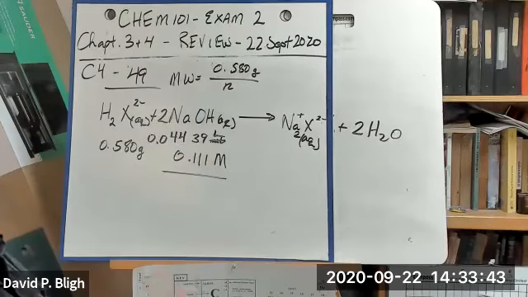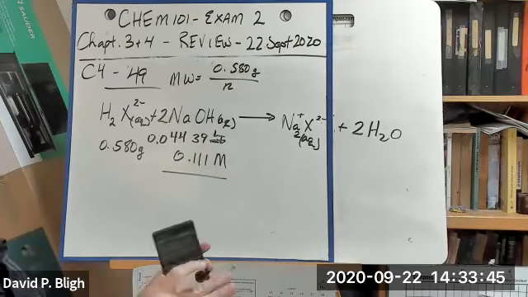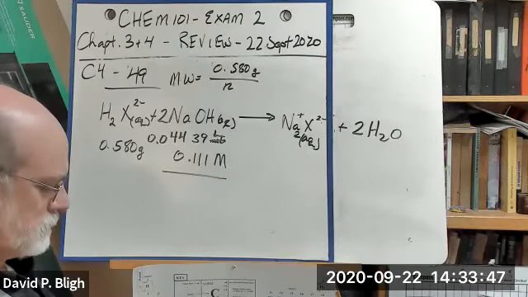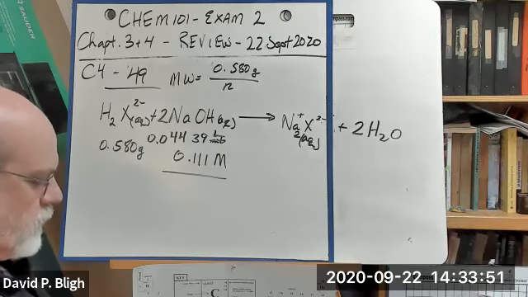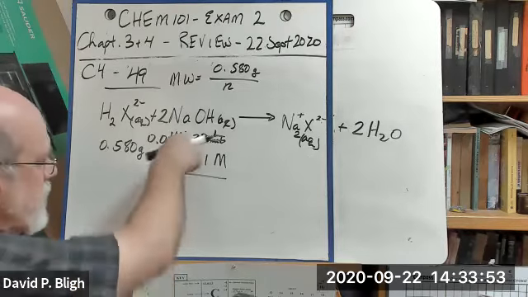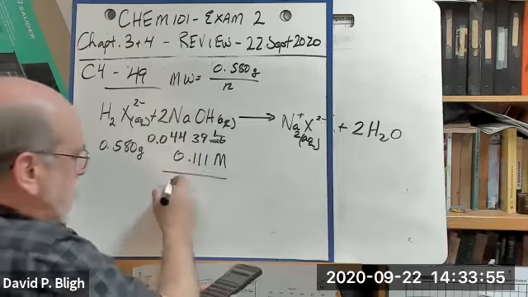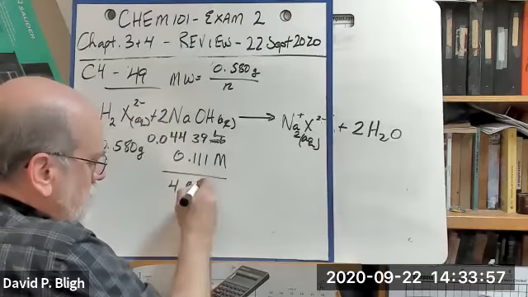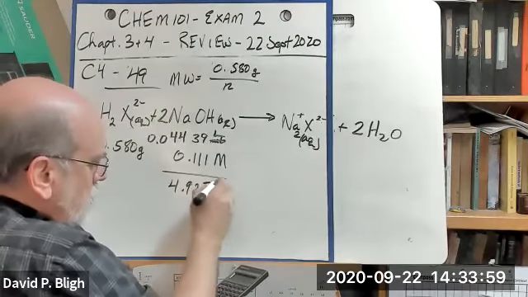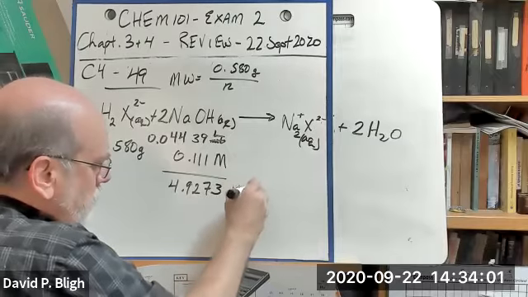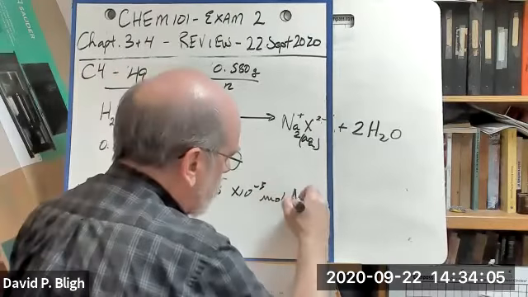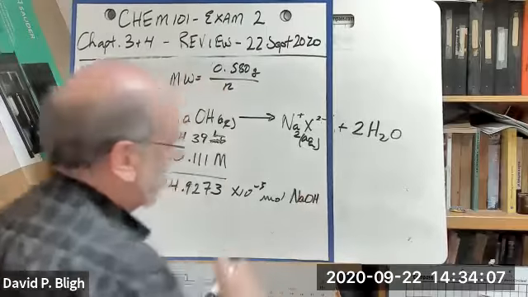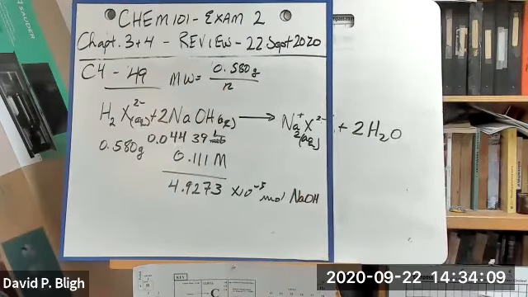So let's just go ahead and dispense with the millimoles and use moles. 0.04439. So that times that gives us this many moles of sodium hydroxide. Okay?